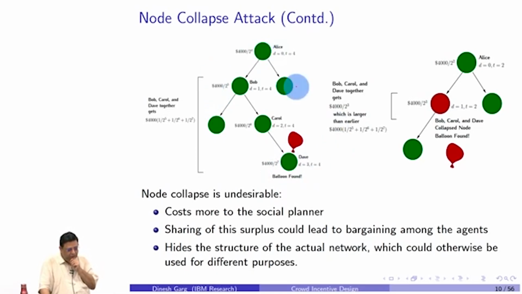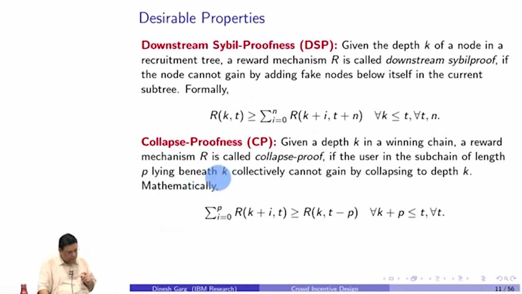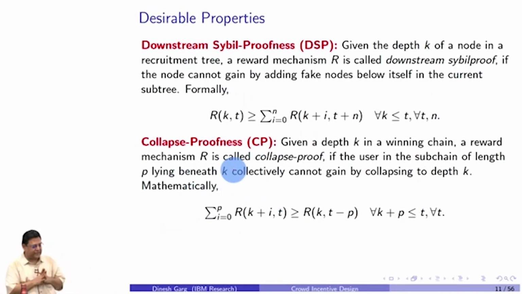So now we studied this node collapse attack, so let's just skip this part, you all know this. So now we want any scheme, any kind of reward.